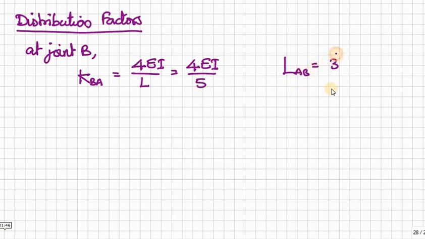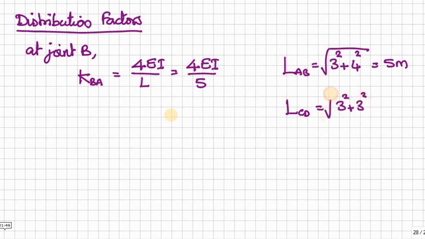So length of AB we can calculate using Pythagoras theorem, that is square root of 4 squared plus 3 squared, which is equal to square root of 25, that is 5 meter. Similarly, length of CD is equal to square root of 3 squared plus 3 squared, which is equal to 4.24 meter.